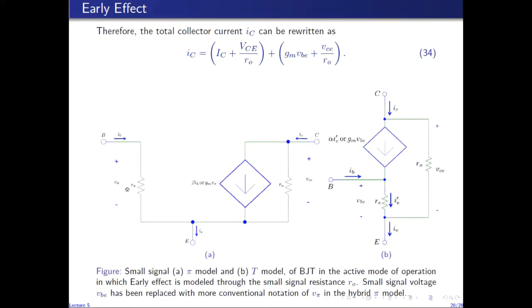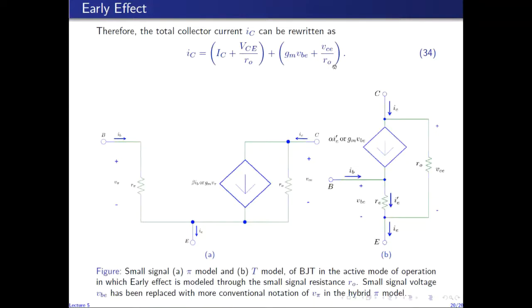For the hybrid pi model, I have chosen to denote VBE with V pi. Conventionally, it is denoted with V pi, which is consistent with the notation of R pi. So previously, the small signal collector current IC was equal to GM VBE or GM V pi, but now it has this additional component. So there is an additional current which is given by VCE over R naught.